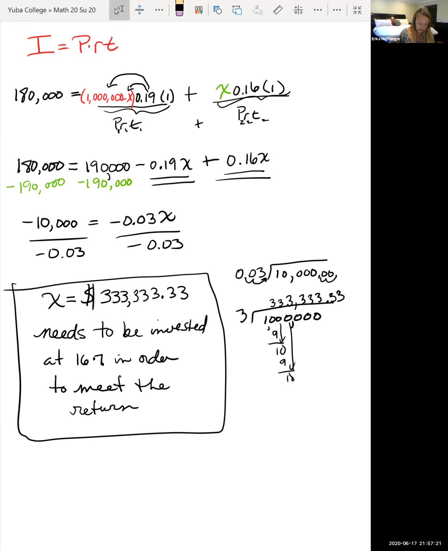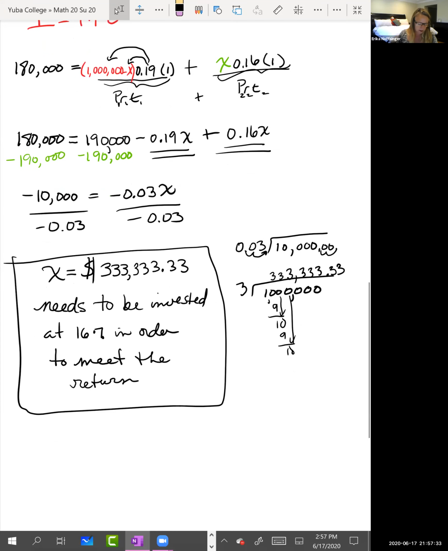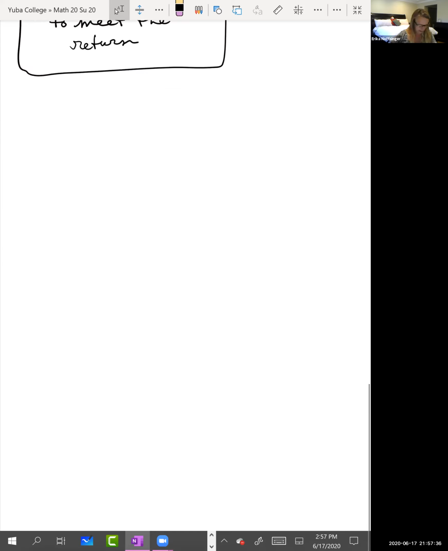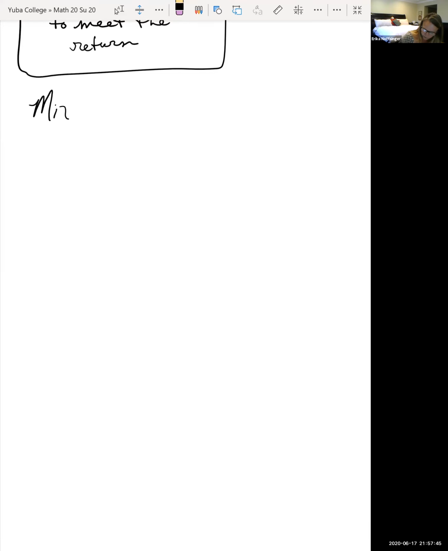Let's see. Okay, so that was an interest problem. Now, mixture problems. With mixture problems, I tend to like to make tables and organize my information.